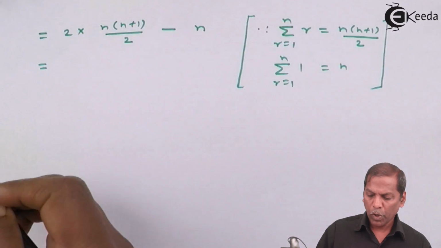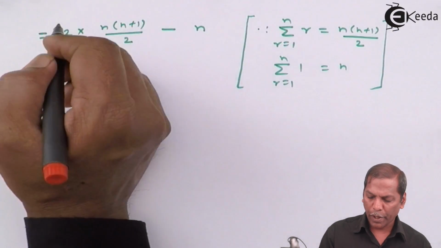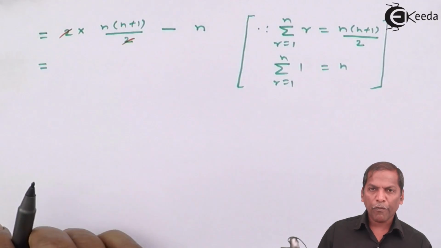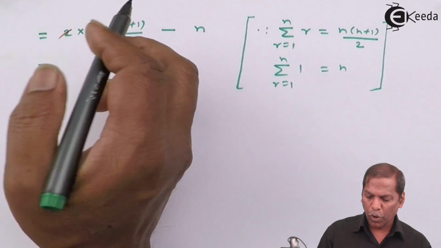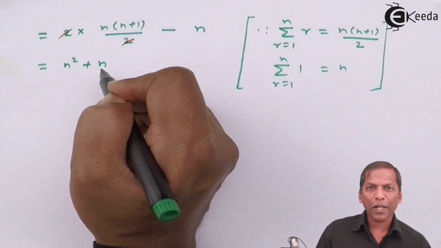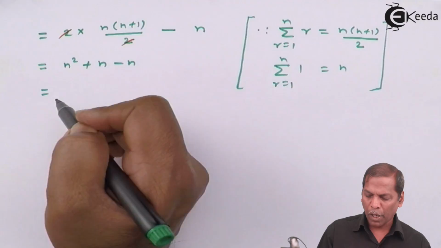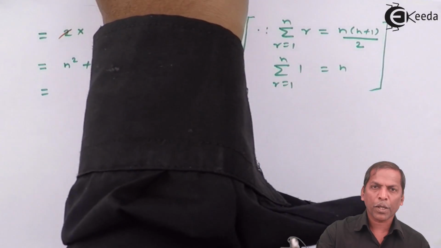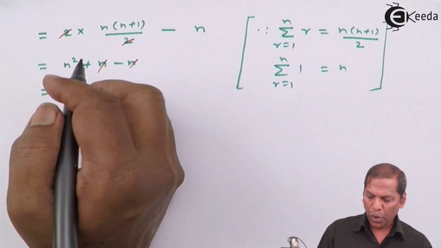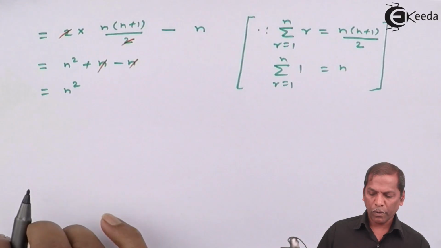So that equals, now here we cancel 2 from numerator and denominator, and on simplifying further, n into n gives n square, plus n into 1 that is n, and minus n we write as it is. Now here we again cancel plus n and minus n, so finally we get n square.